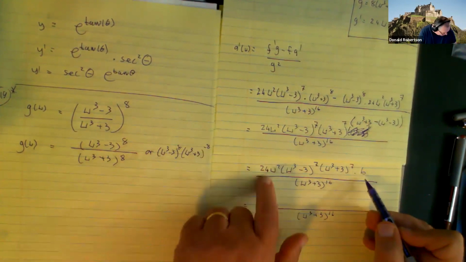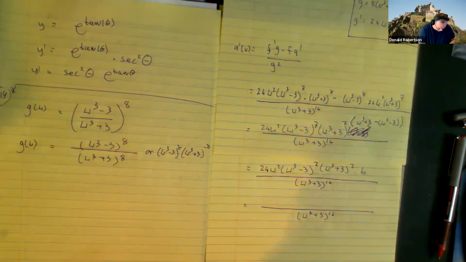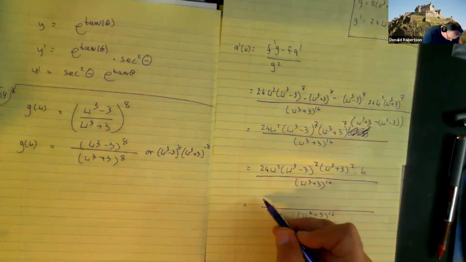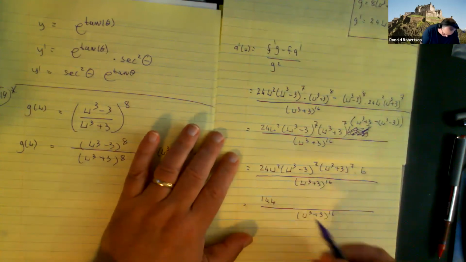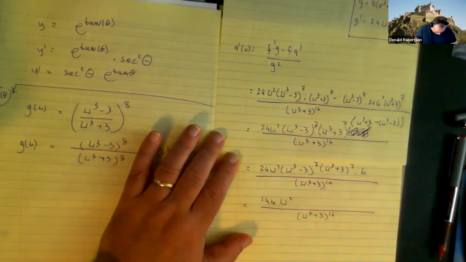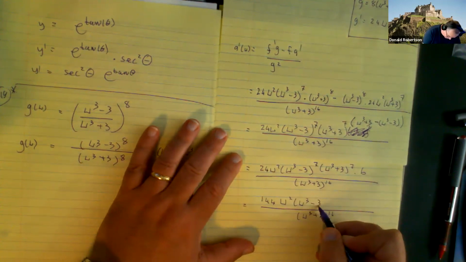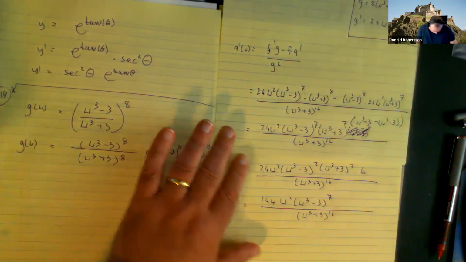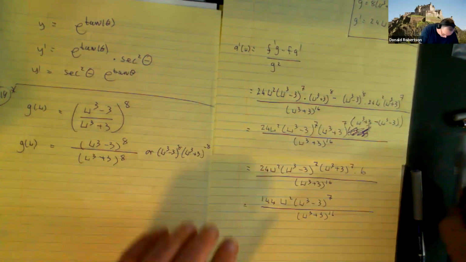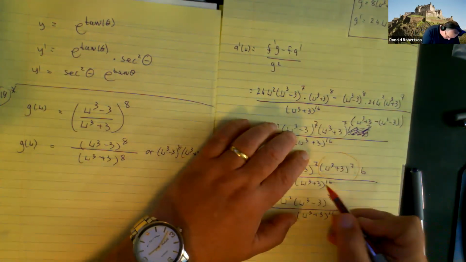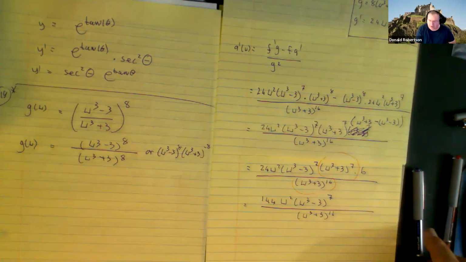Okay, that 6 and that 24 are both numbers, so I should just multiply them together. And that gets me 144. That u squared isn't going to go anywhere. That (u cubed take away 3) to the 7 isn't going to go anywhere. But would you agree that this guy and this guy can interact?